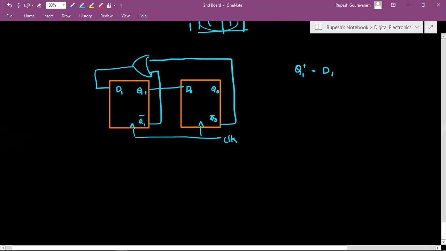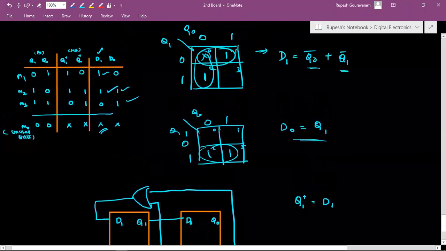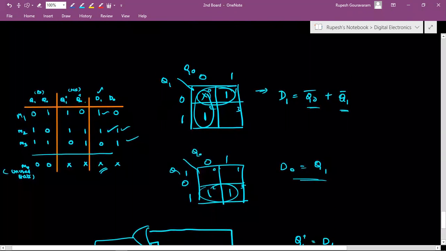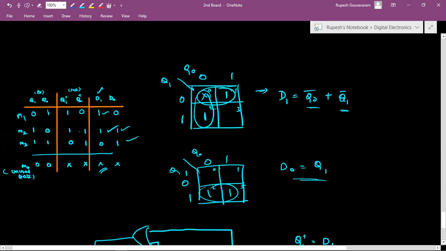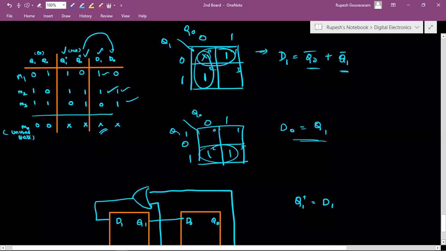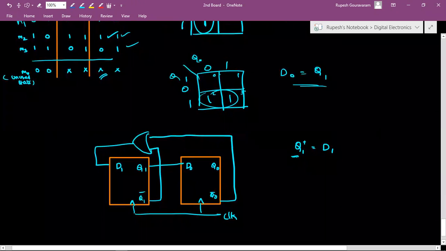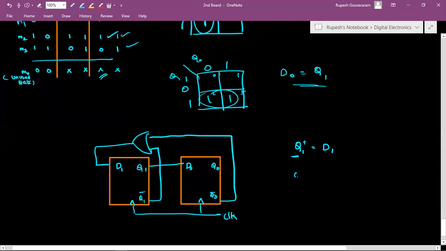If you go and see the excitation table, D1 is same as Q1 plus and Q0 plus is same as D0. You observe both of these. That means with this you can find the next state also. The next state of Q1 is Q1 plus, that is equal to D1. Q0 plus is the next state, that is equal to D0.